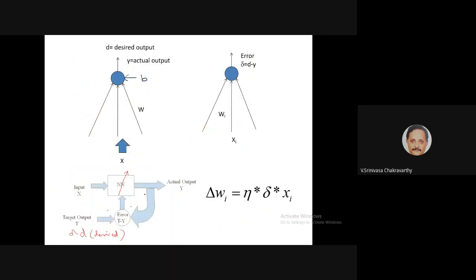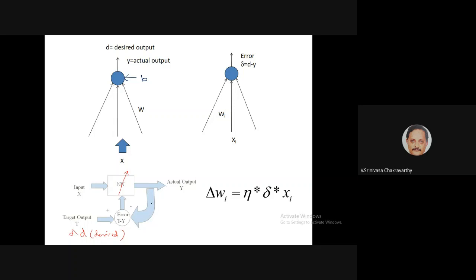The classic way to do that, which we will use several times in this course, is to imagine your neuron is inside this black box, which is labeled neural network. I give an input X to this network. I get some output Y. If X is in class 1, I want the output to be 1. If X is in class 2, I want the output to be 0. This is what I desire. Now the output could be 1 bit, or it could be a vector, it doesn't matter.